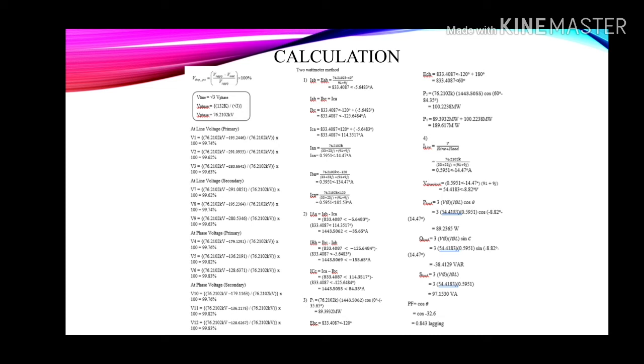As we get V line equal to square root 3 V phase, the V phase we get, we apply into the formula. And then we also must find the two wattmeter method, as we can see in the slide, the formula.